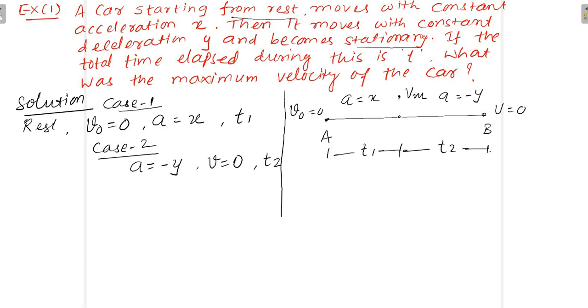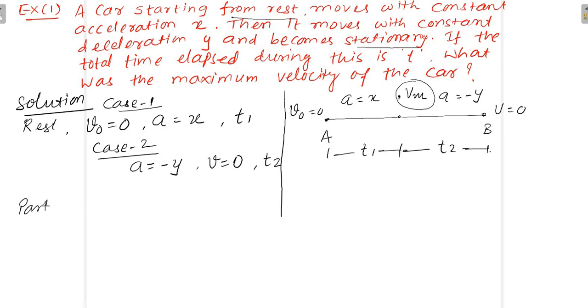Now, what is the value of Vm? That is what we would like to calculate, right? For that, we have to break this into two parts and solve the problem in parts.